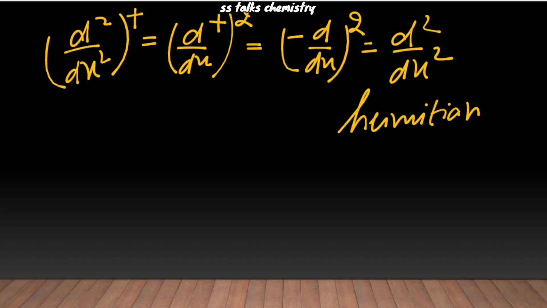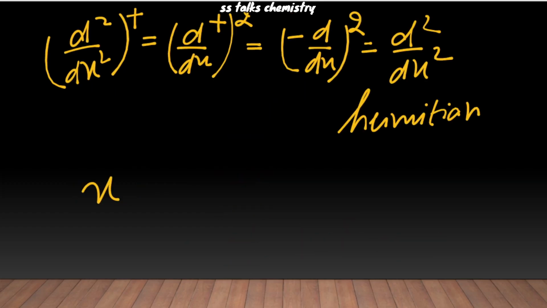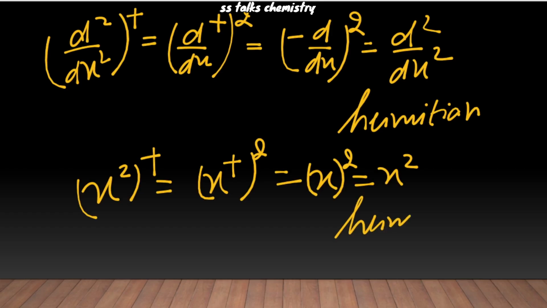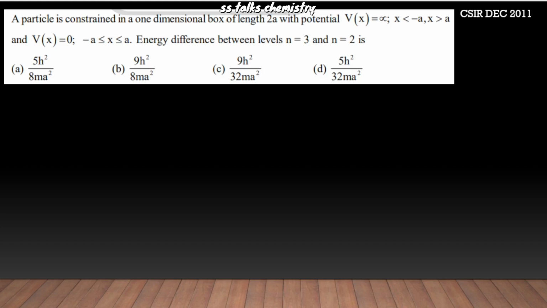The next is x square. X square dagger will be x dagger square. X dagger is x only, so it becomes x square only. Same operator again, so it is Hermitian. So option B is the only one in which we get a non-Hermitian operator. Okay, I hope it's clear.